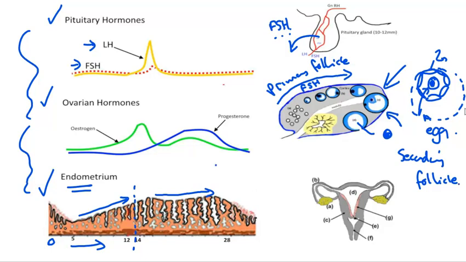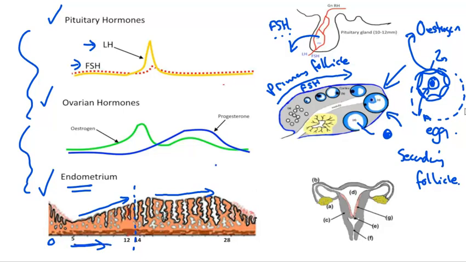As the follicle increases in size, these follicular cells shown here, they produce the hormone estrogen. Estrogen is a collective term for a number of specific types of estrogen hormone. So we will just use that term to cover all of those variations. The estrogen has a number of effects.